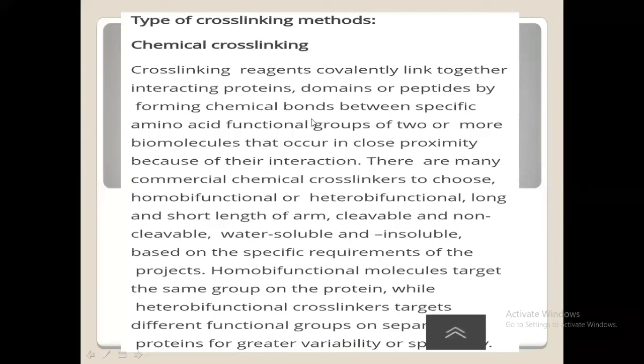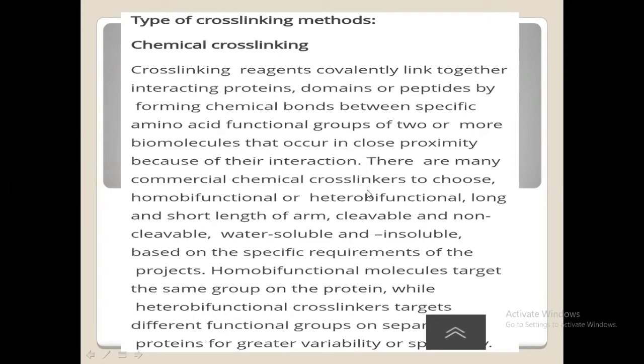By forming chemical bonds between specific amino acid functional groups of two or more biomolecules that occur in close proximity because of their interaction. So these chemical reagents will interact with the amino acid functional groups of the protein. Many commercial chemical cross-linkers are available.